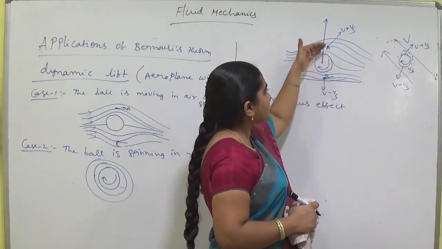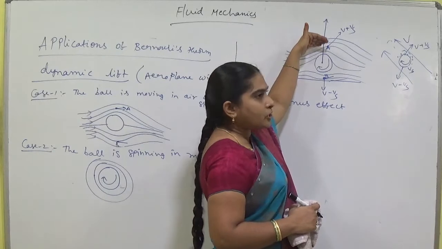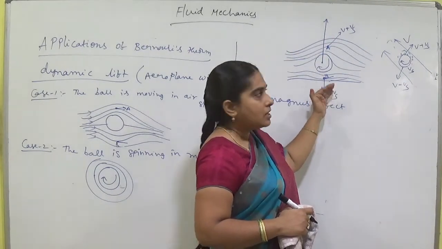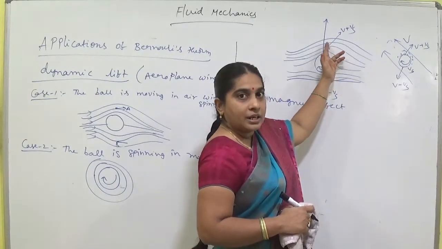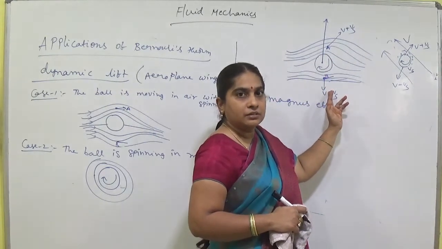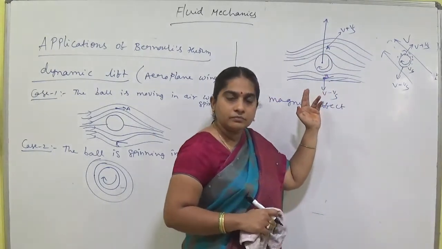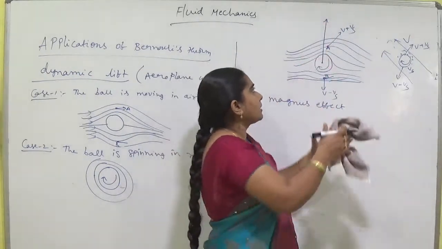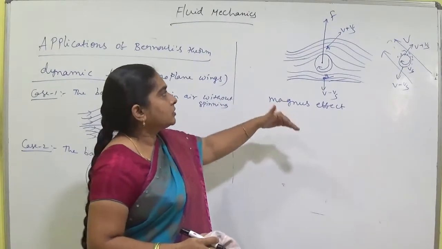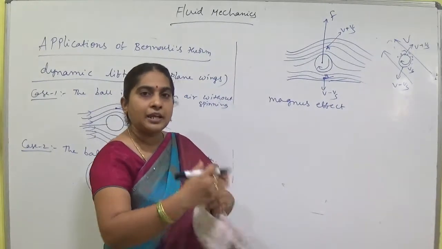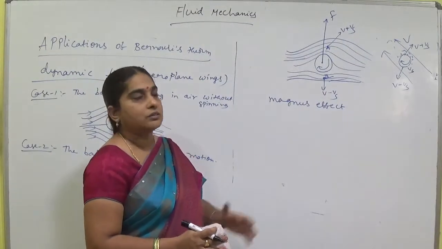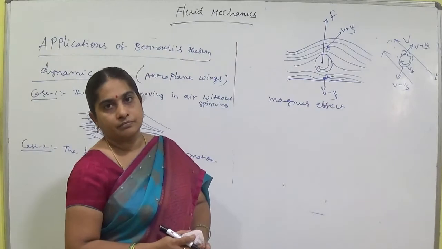So the upper portion has larger velocity than the lower portion. The pressure decreases at point A and increases at point B. So the net force acts in the upward direction. The ball spinning in motion experiences this effect, called the Magnus effect.